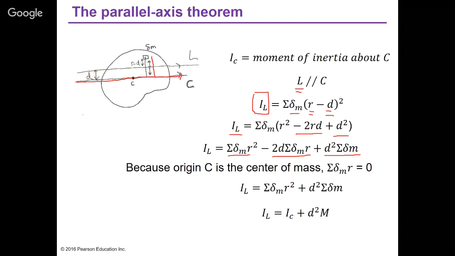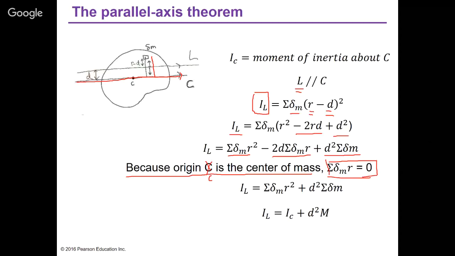It is very important to know that the origin c, the small c here, is the center of mass. By definition, the sum of all the little masses times r equals 0. That's because this axis travels through the center of mass, right?